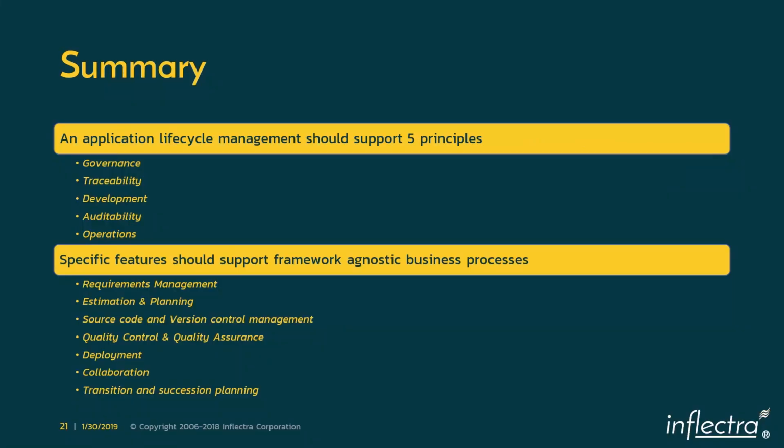Okay. So in summary, an application lifecycle management tool should support the five principles: governance, traceability, development, auditability, and operation or services. Specific features should support framework-agnostic business processes, whether it is requirements management, estimation processes, source code or version code control management, quality procedures, deployment, collaboration, and transition and succession planning.